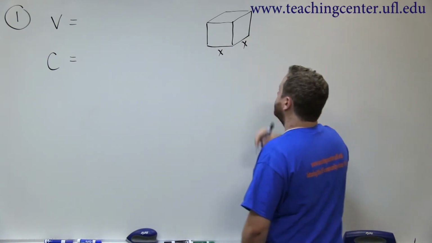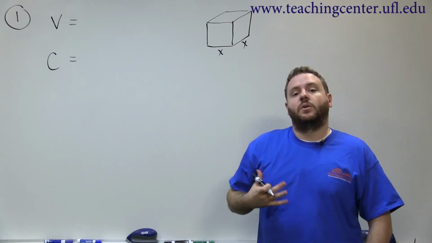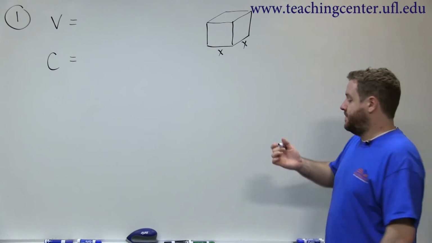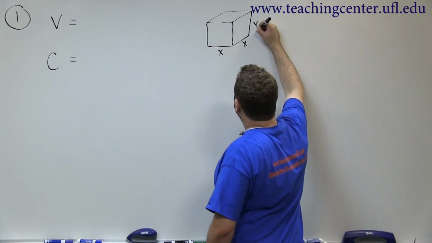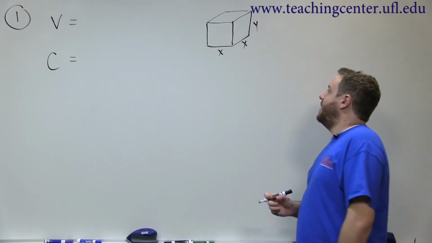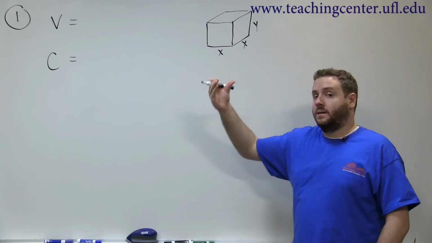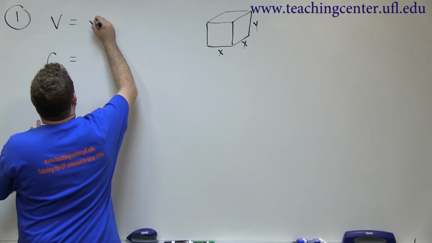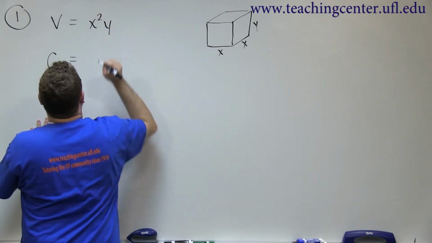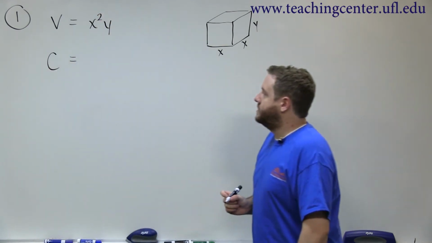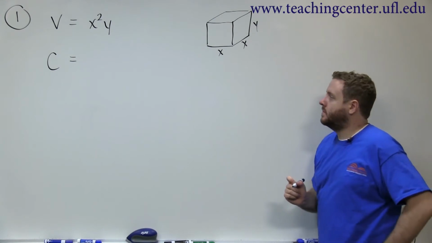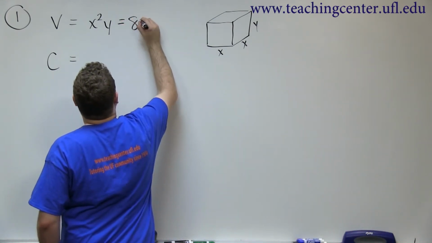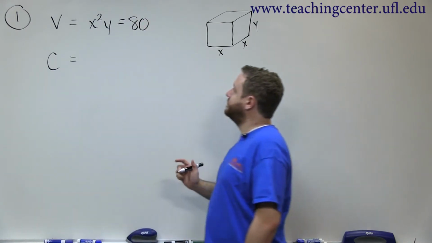If we call one x, the other one is still x as well because it has to be a square bottom. The height may or may not be the same, so we'll call that y. So we have an x by x by y box. Our volume is those three things multiplied together, which gives us x squared times y. So there's our volume equation, and we know that that's equal to 80, given to us in the problem.